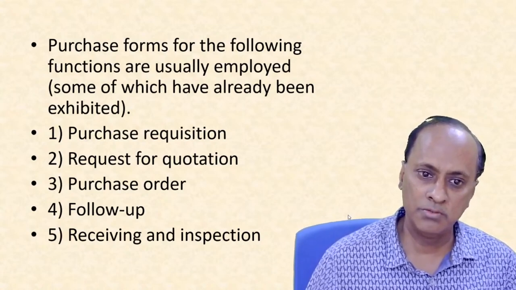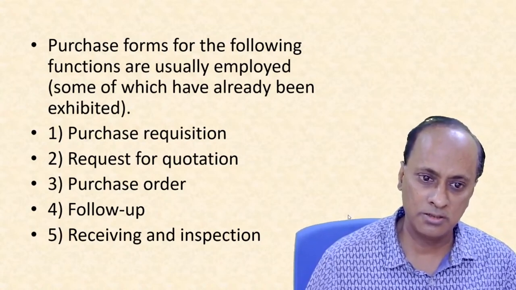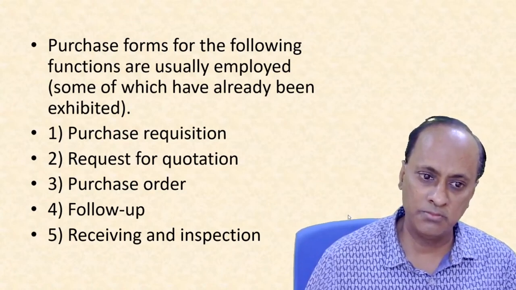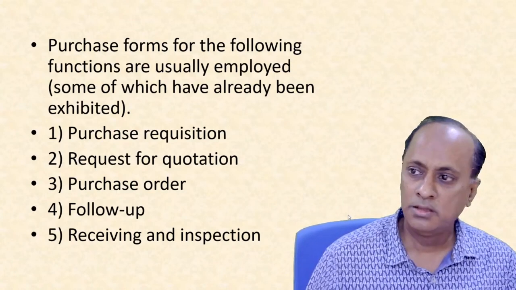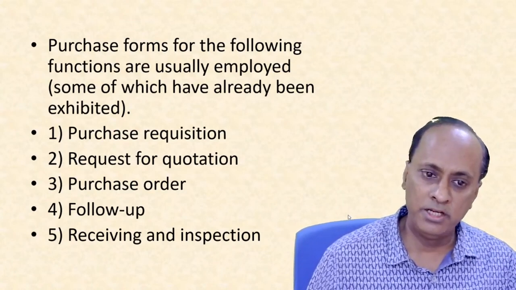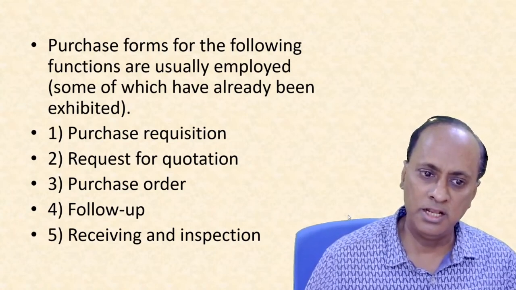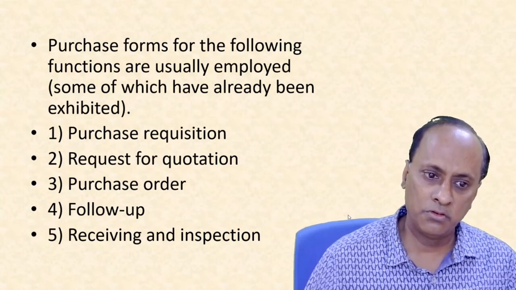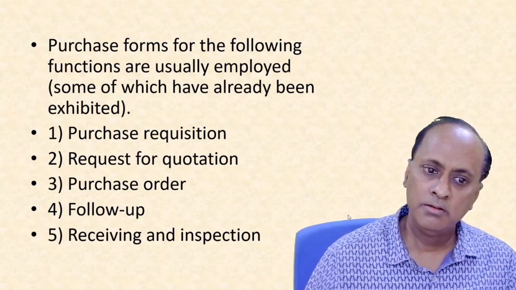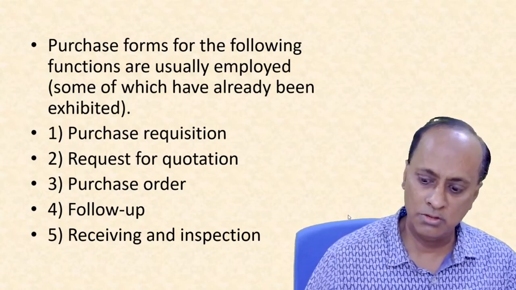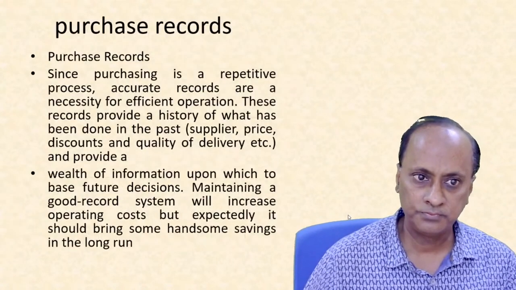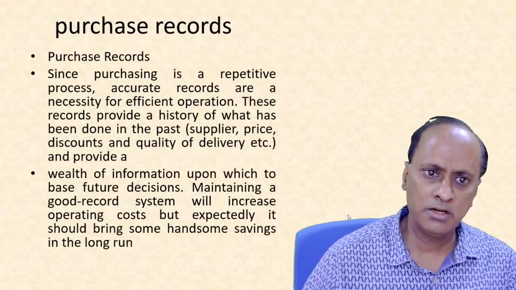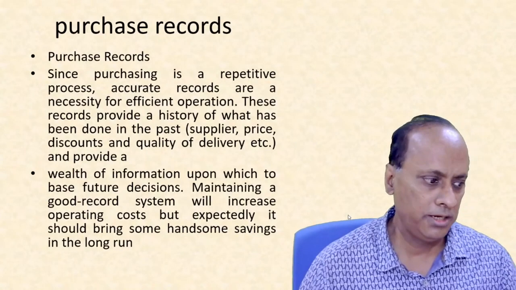Then on the basis of the quotations, we place purchase orders. Once the purchase order is given, we follow up whether the materials have reached or not. If there is a delay, we can follow up with the suppliers. Then after follow up, if the items have been received, we have to receive the items as well as inspect the items.